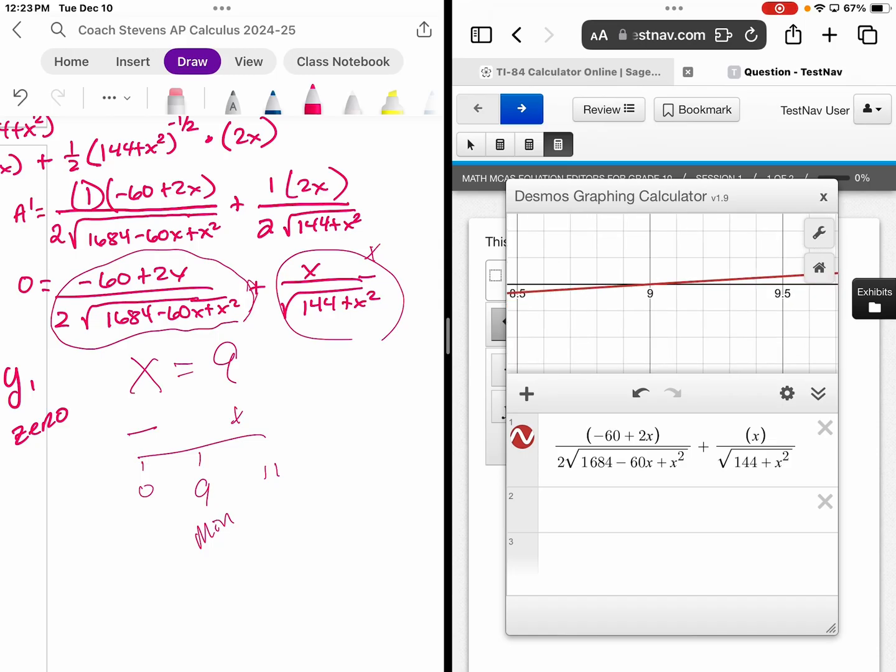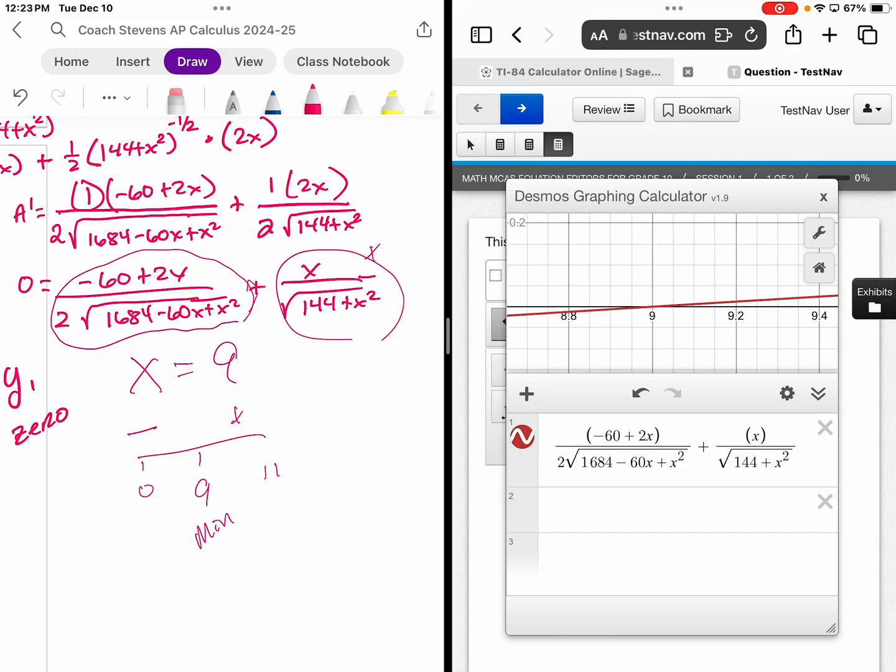Now, we're looking at the first derivative graph. What does it do at 9? Do the y values change signs, as we connect to what we did the last couple days? On the derivative graph, do we go from negative to positive? It's hugging the x-axis really close, but if I zoom in, let's let this take over the whole thing.